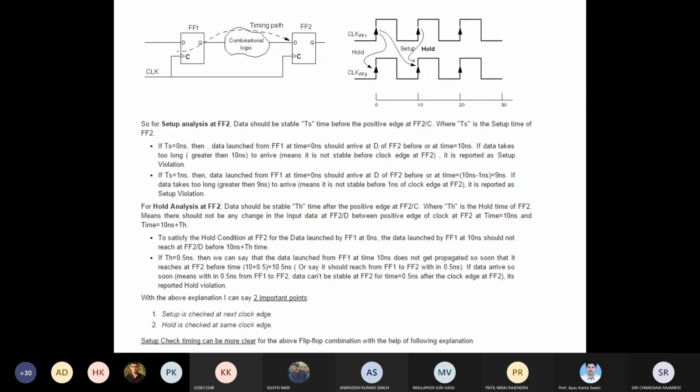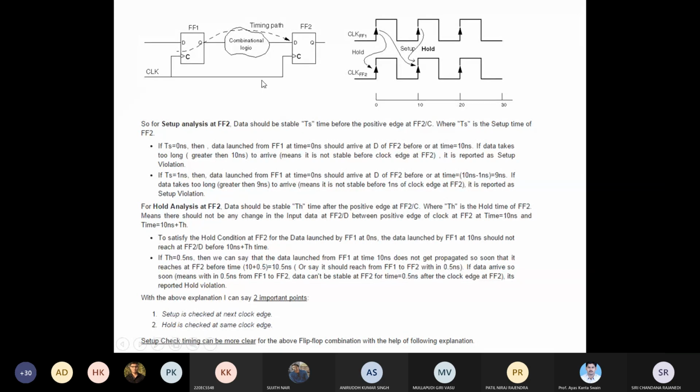When it is traveling to FF2, there will be a setup time for FF2. So let's assume that this setup time is TS. Where does the data travel from? Data has traveled from the D input of FF1 at 0 time units, that is the first clock edge of your input.